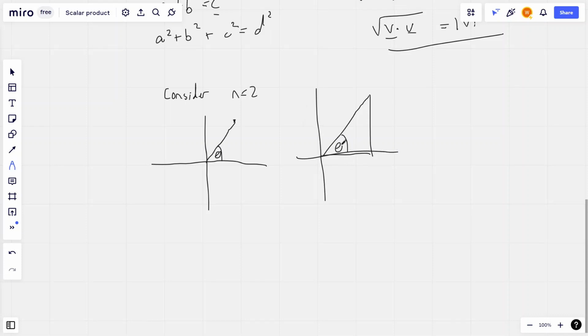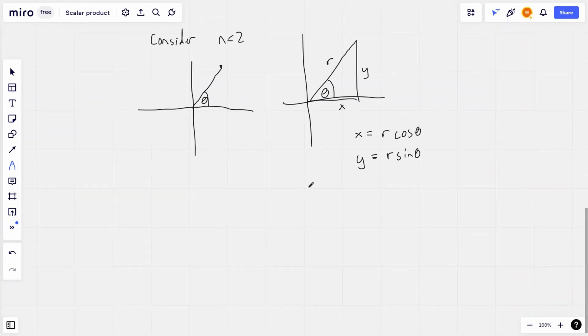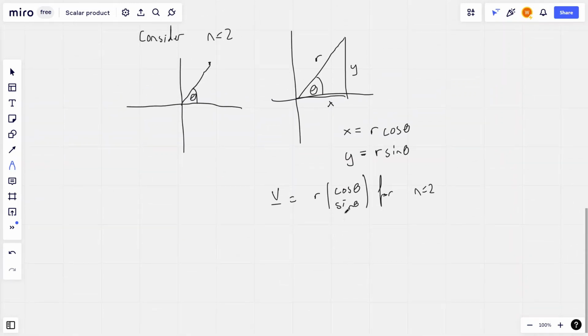Let's say this is an angle theta, this is a distance r away, this is our y, this is our x. So our simple observation tells us that x equals r cos theta and y equals r sine theta. So this tells us that we can also write a vector as r times (cos theta, sine theta) for n equals 2.